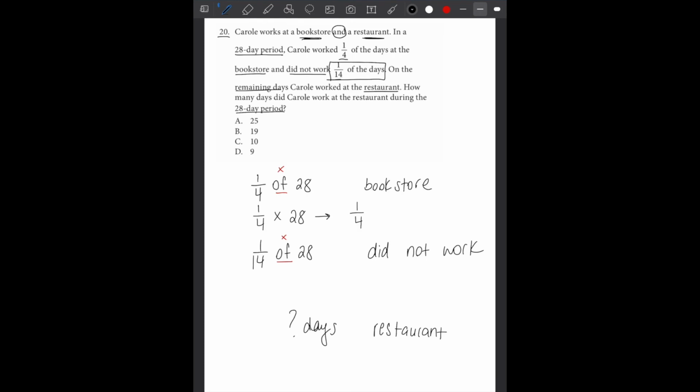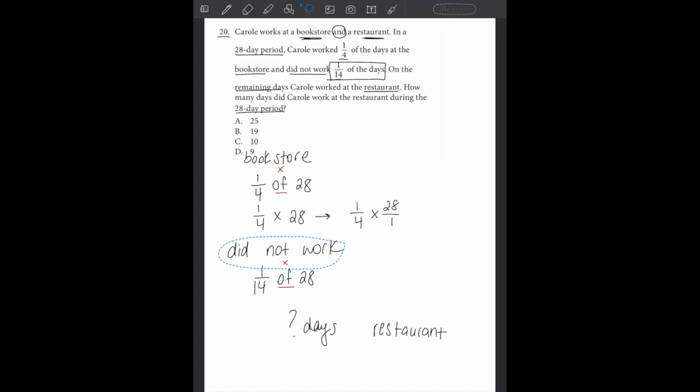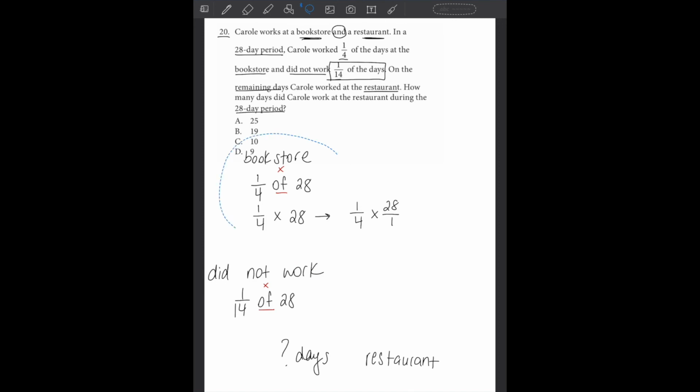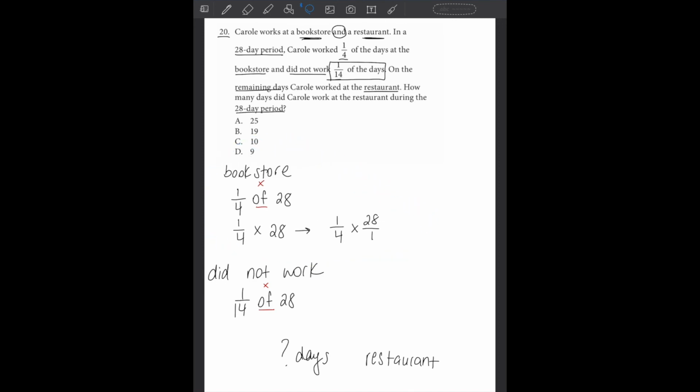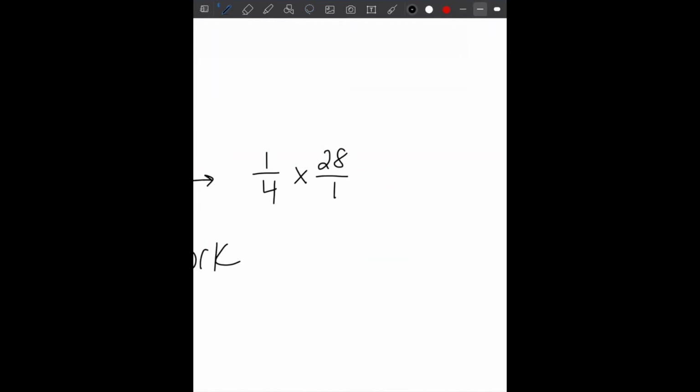I would again rewrite this problem as 1/4 times 28/1. 28/1 is essentially the same thing as 28. I'm going to reorganize this so it's a little bit easier to read. Okay. So zooming in over here, we're working with this.